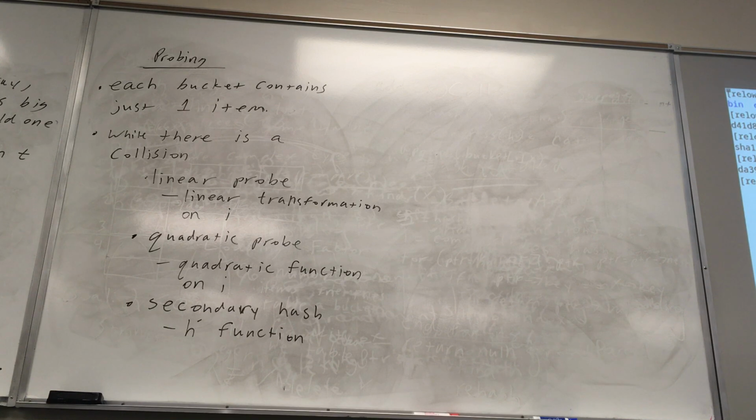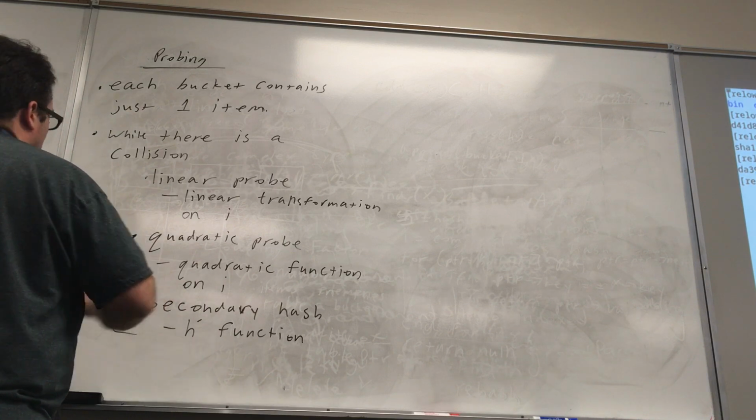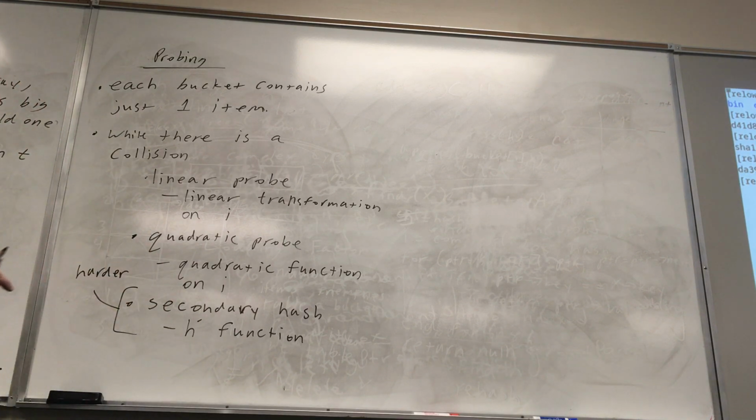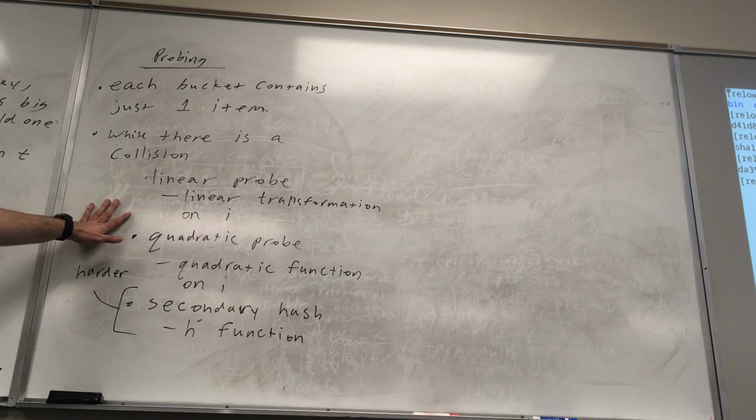Now, of course, that runs the difficulty of how do we build a secondary hash that might explore all buckets eventually. So this one is the hardest. This thing right here, linear probing, is probably the most common form.